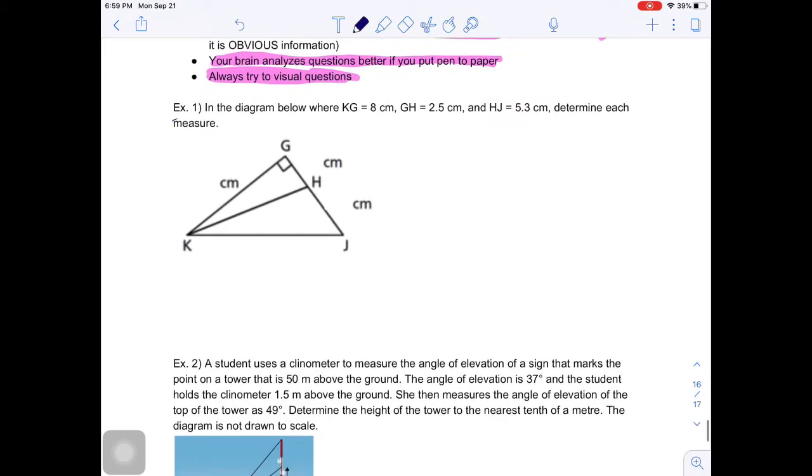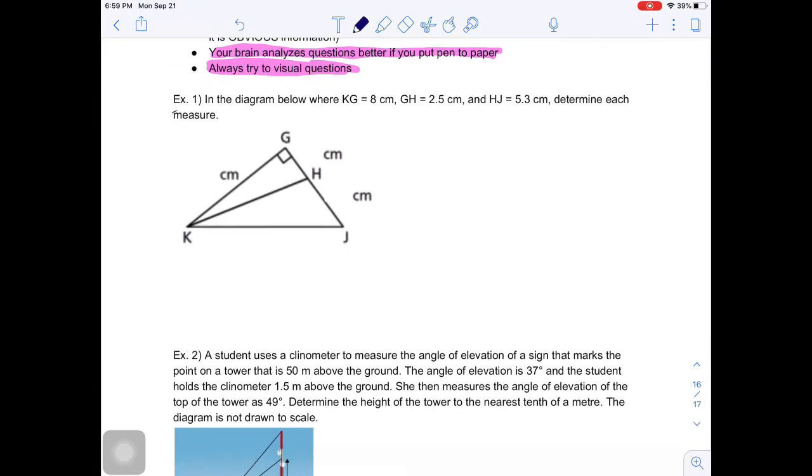So let's look at example 1 here. In the diagram below, where KG equals 8 centimeters, GH equals 2.5 centimeters, and HJ equals 5.3 centimeters, determine each measure. Okay, so let's first start off by writing out all of these things, okay?